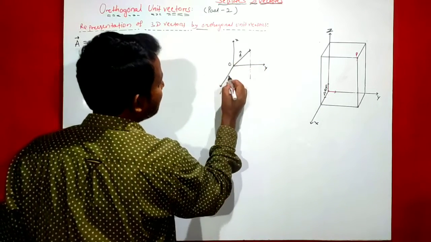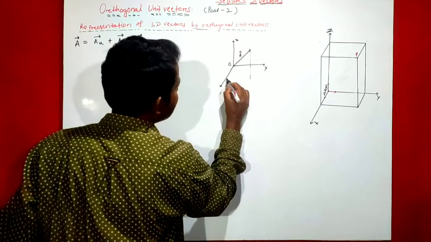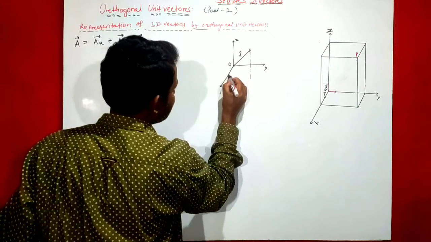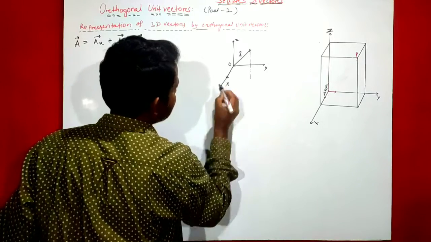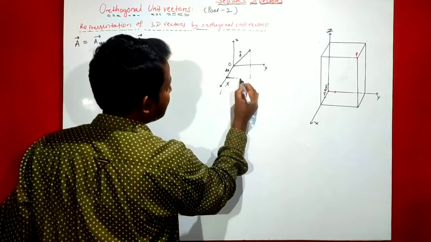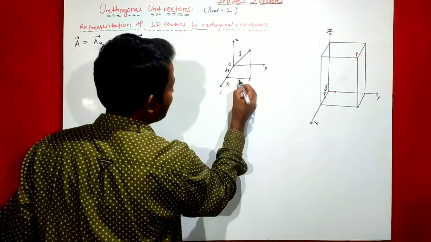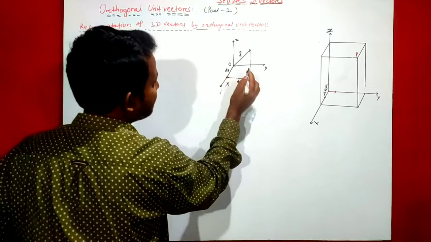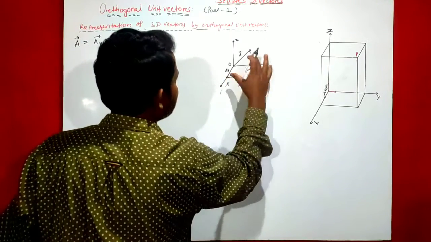The component of A along the x axis is Ax, and this is Ay, the component of A along the y-axis.